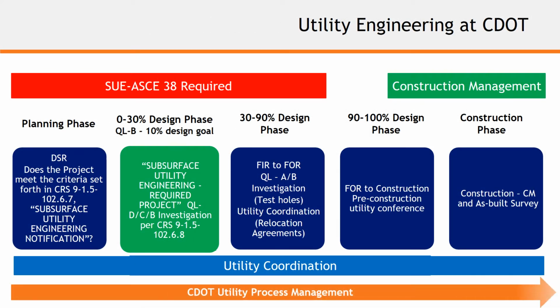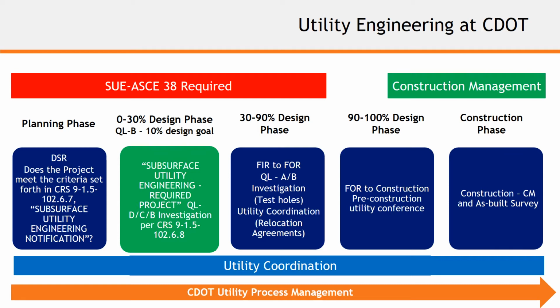Utility engineering at CDOT includes the following phases: planning phase 0 to 30, 30 to 90, 90 to 100, and then construction phase. Within those phases, you'll see at the top left in red, from planning phase through about 90% design, we're conducting SUE investigation, gathering existing utility information, and test holes.